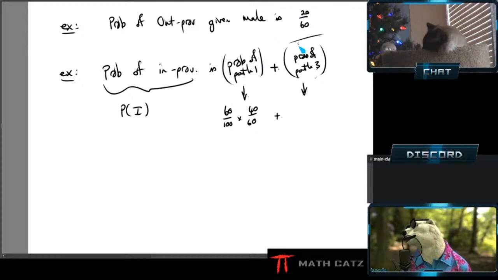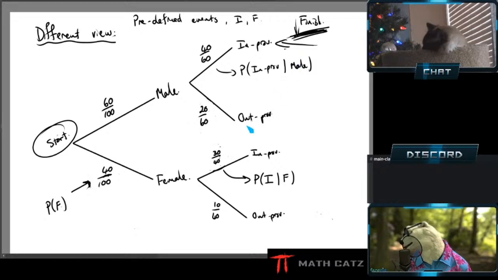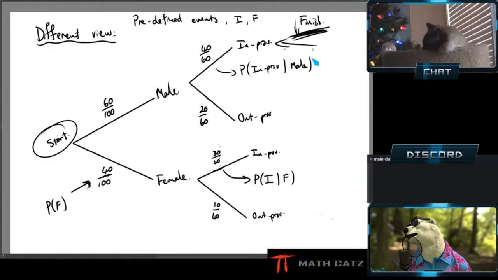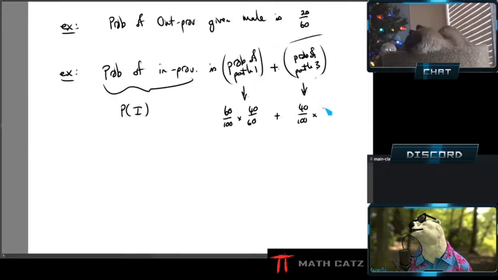And they are not overlapping. I then add them together. For path 3, multiply along the path. That's the probability of the path. So 40 over 100 times 30 over 40. Now, it's sort of just the simplicity of the question that these cancel. It's not always going to happen. And there you go. That's my answer.